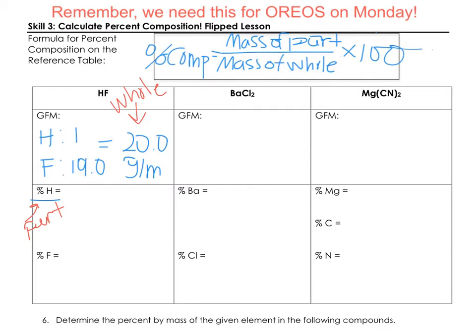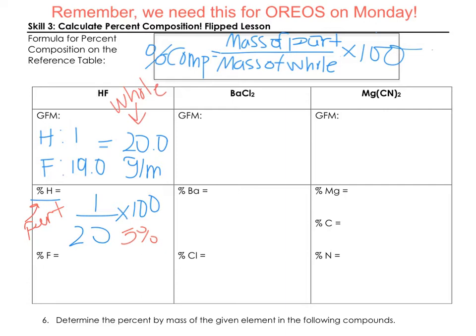So what I'll end up with is my part, which is 1, over my whole, which is 20, times 100. And I will ultimately get the answer that is 5%. So HF is 5% hydrogen. You then could subtract from 100 and get that fluorine makes up the other 95%, but let's check that out.